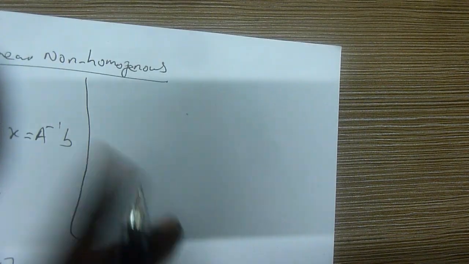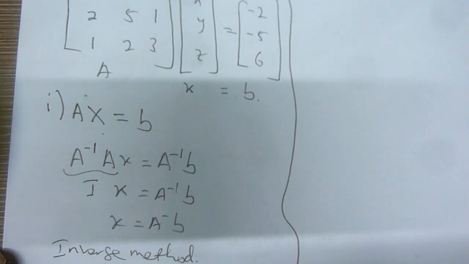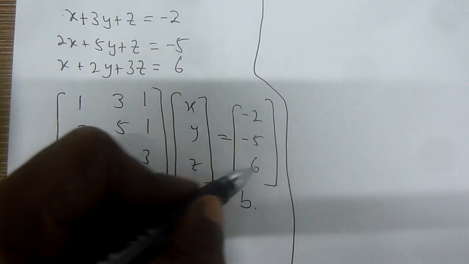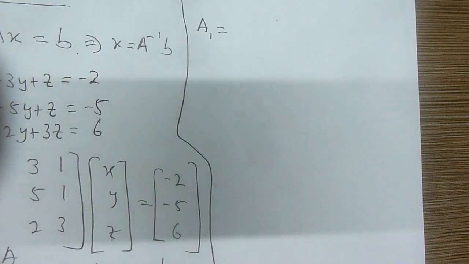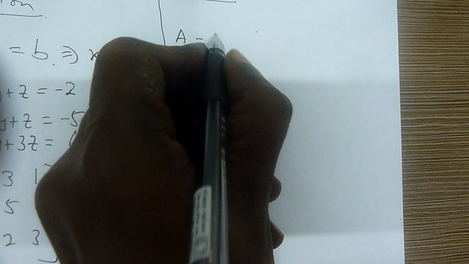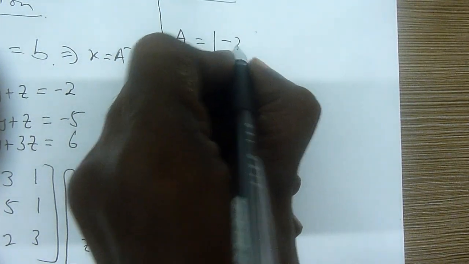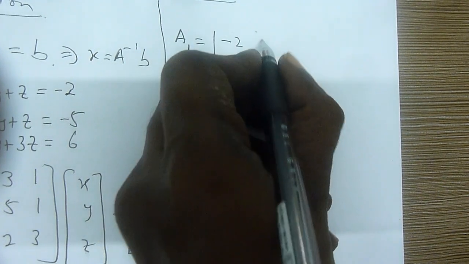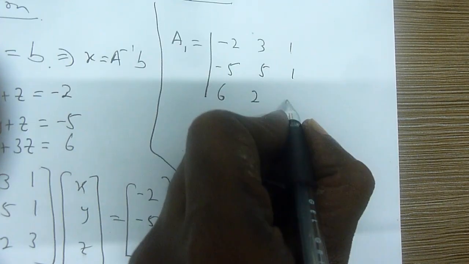Now let me go through the A. A1. What is A1? First, I'll just teach you. You just throw the B into the A. Let me show you. You need to take a determinant of -2, -5, 6, 3, 5, 2, 1, 1, 3.